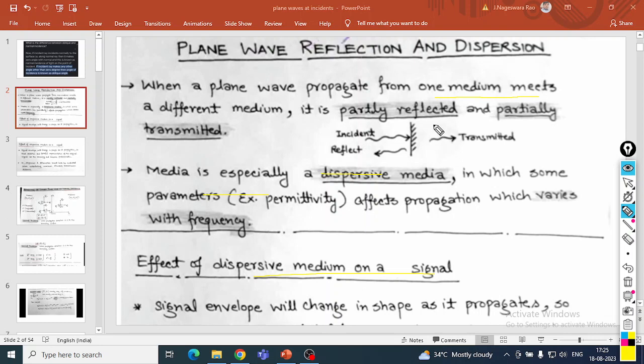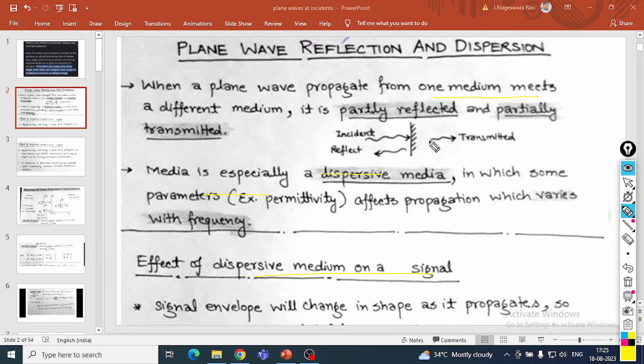How is it partially reflected and partially transmitted? Let's see. This is our medium at normal incidence. Here we propagate our incident wave in this direction. Then, due to the medium's dispersion, some of the signal may be reflected and some may be transmitted.